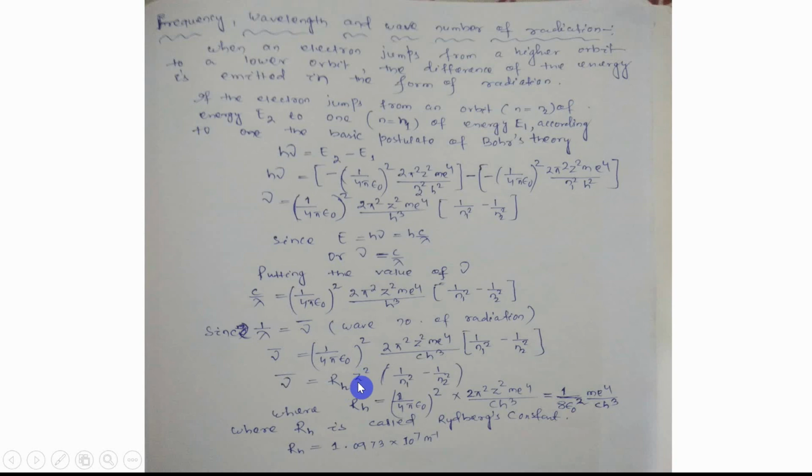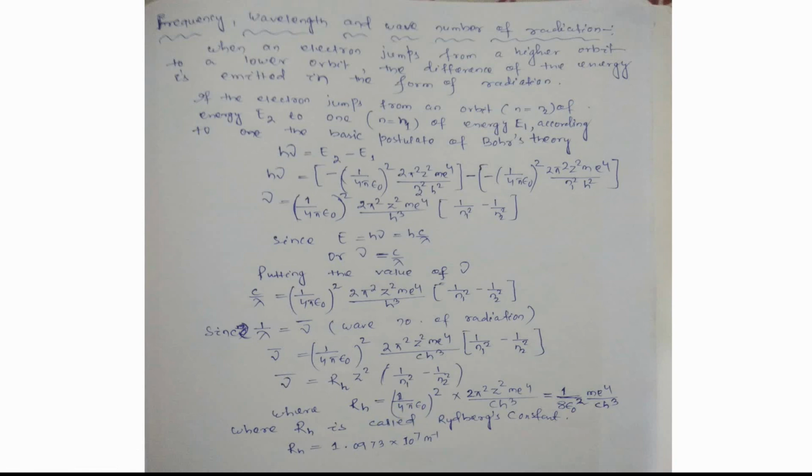or nu bar equal to RH Z square. This means not taking that Z square, we have to take all the other terms: 1 by 4 pi epsilon naught whole square, 2 pi square m e fourth by c h cube. This is denoted as RH, which is nothing but the Rydberg constant.